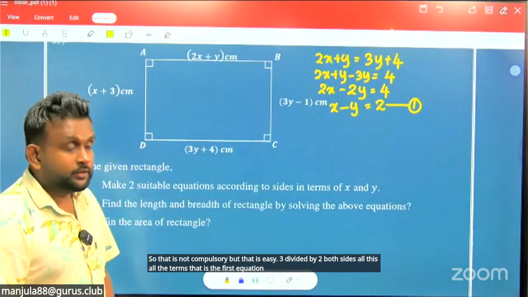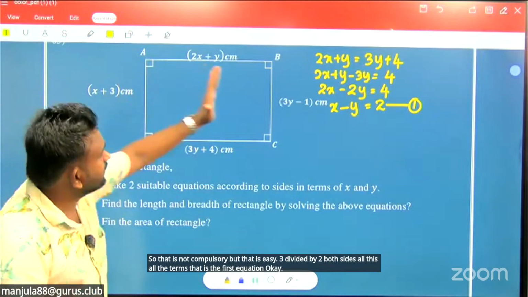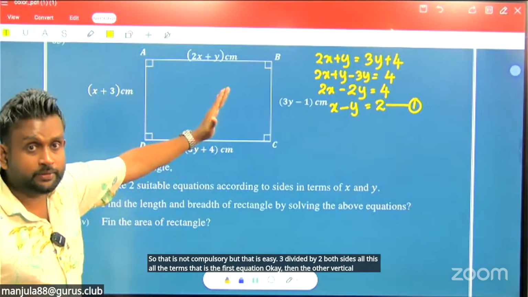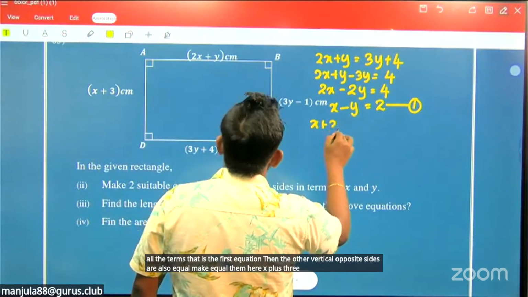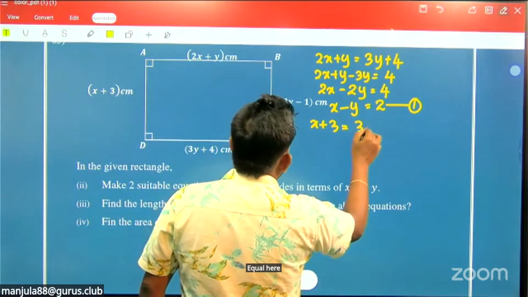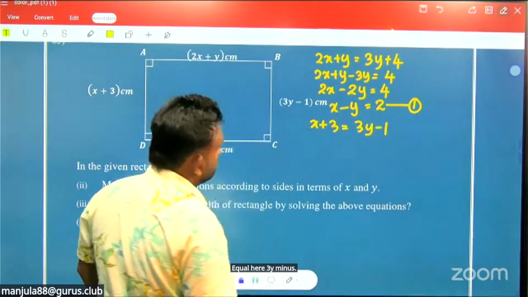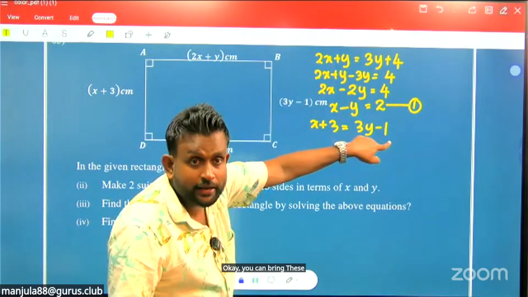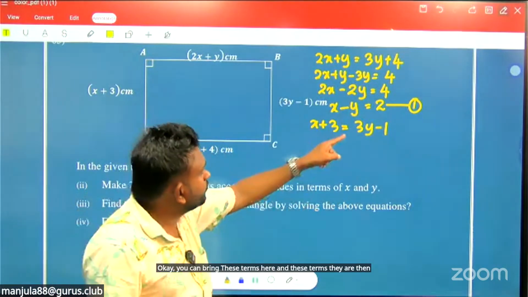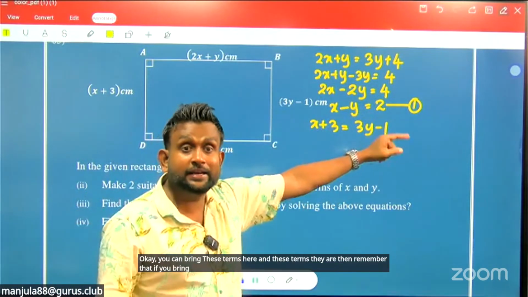Okay. Then the other vertical opposite sides are also equal. Make them equal. Here x plus 3 equals 3y minus 1. Okay, you can bring these terms here and these terms there. Remember that if you bring this plus 3 to there, negative 4 comes.